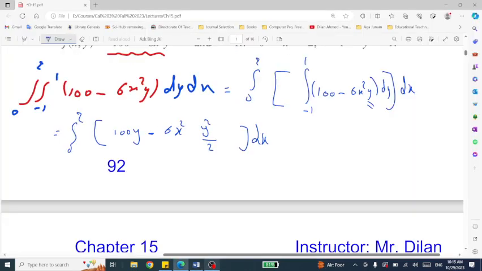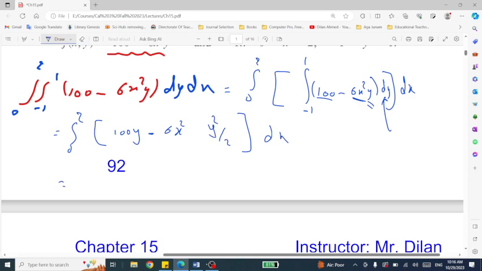Now I'm going back to my example. When I talk about dy, 6x squared is out, so I have y dy, and I know the result of this is y squared over 2.